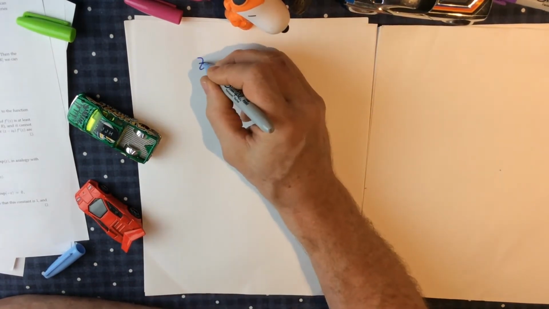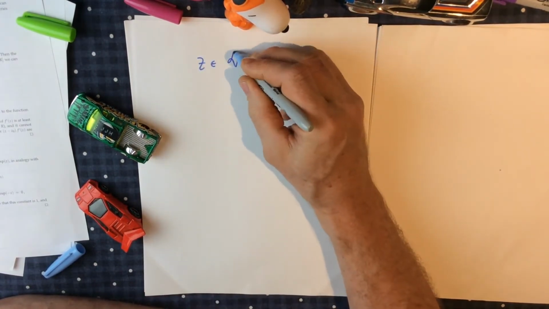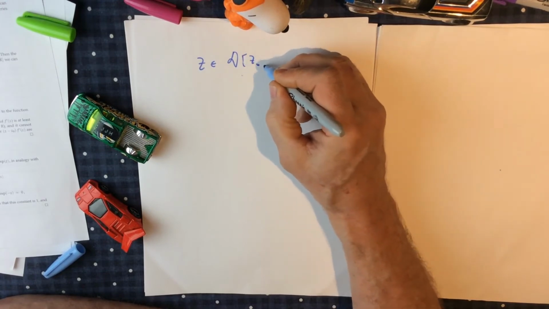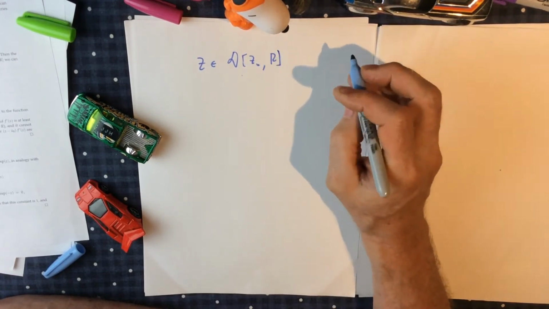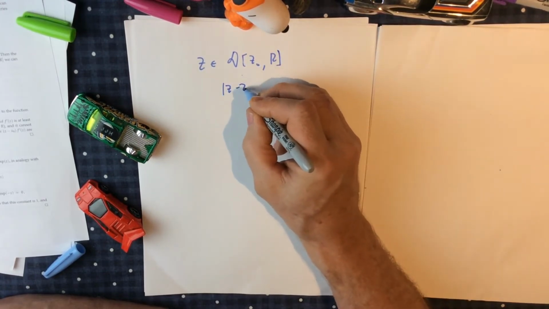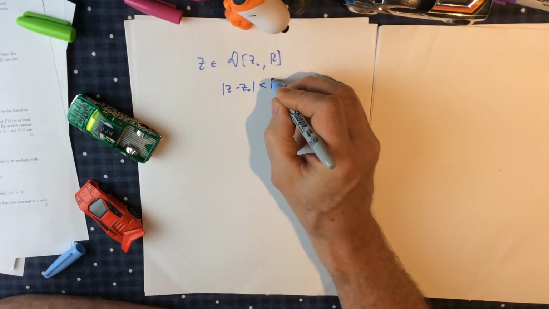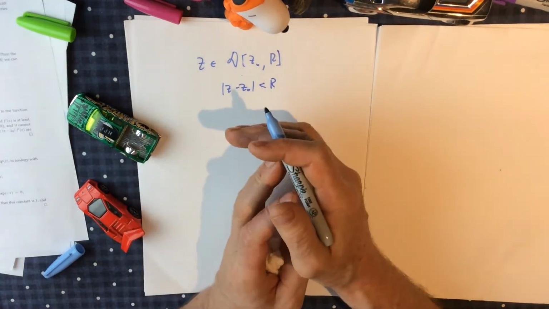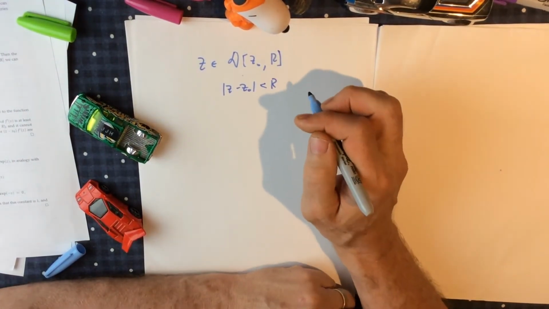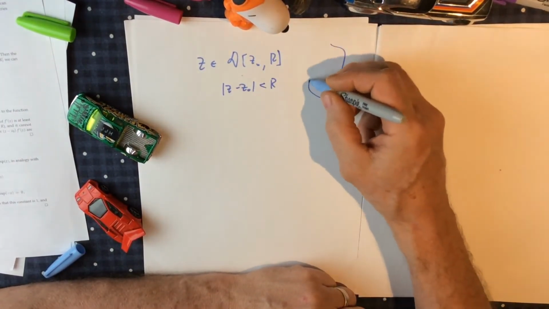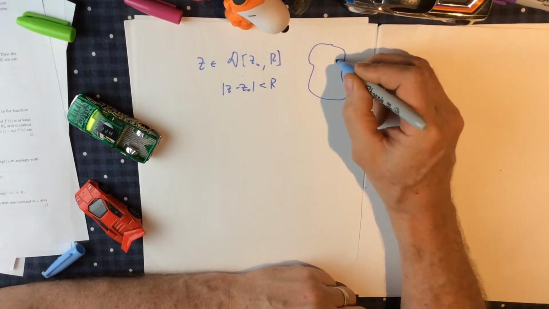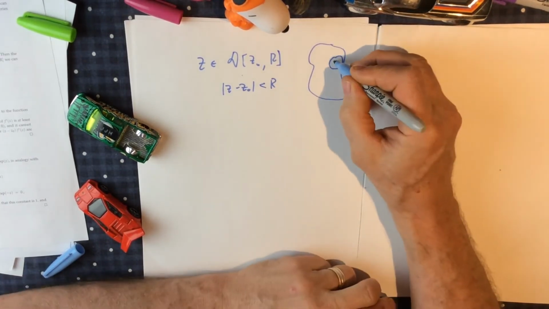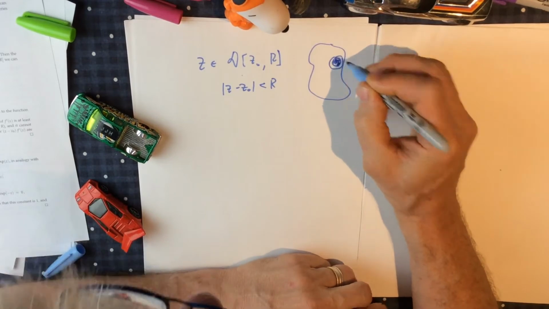So we're going to start with z in our disk. So we have the absolute value of z minus z naught is less than r. Now, we want to choose a smaller r because we get uniform convergence. So just think of here's your disk and here's your z naught and there's this r. Let's take a slightly smaller one.